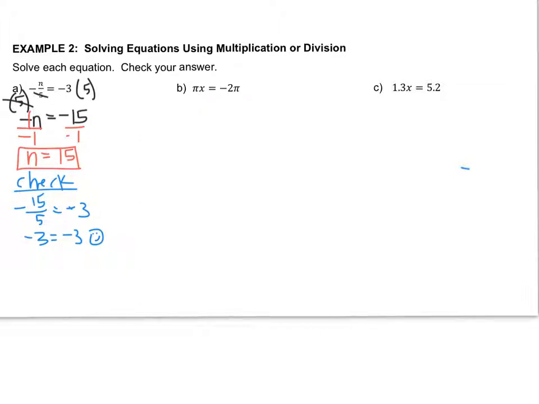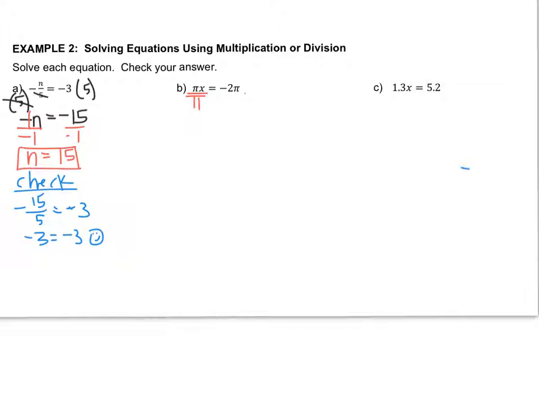It means multiplication. So I'm going to inverse the pi by dividing both sides by pi, right? Just like over in letter A, I multiplied to get rid of the 5 because that was the number. I'm going to divide by pi because that's also the number.